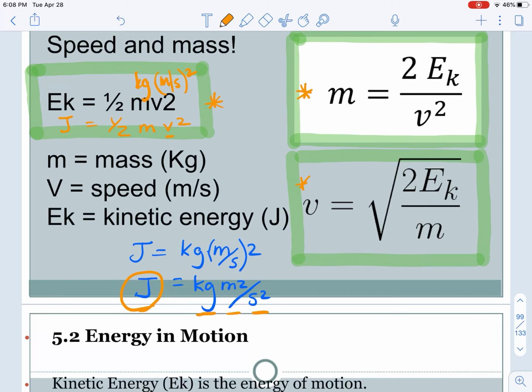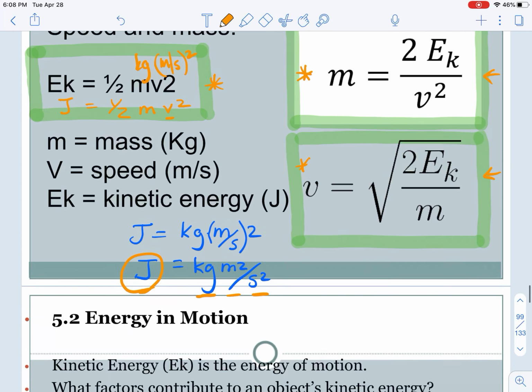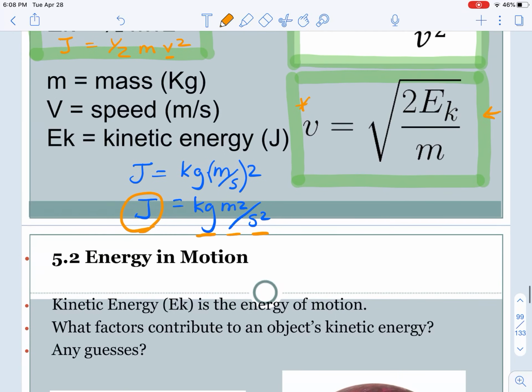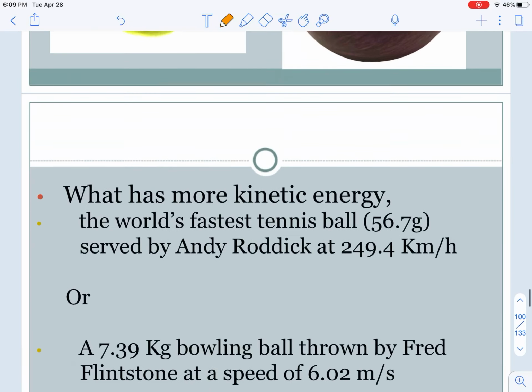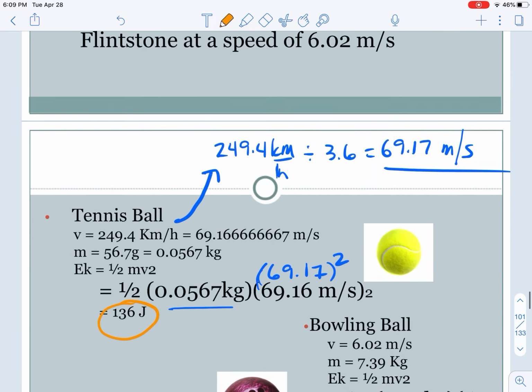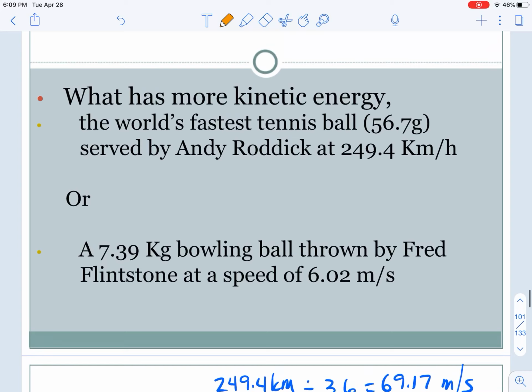Most of the time you're going to get questions about just half mv squared for kinetic energy, but you may have to do calculations on these two other versions of the formula. If you like to manipulate formulas, you can see how we derive those, but those are the 3 versions of the formula you will be using when you try the practice questions.